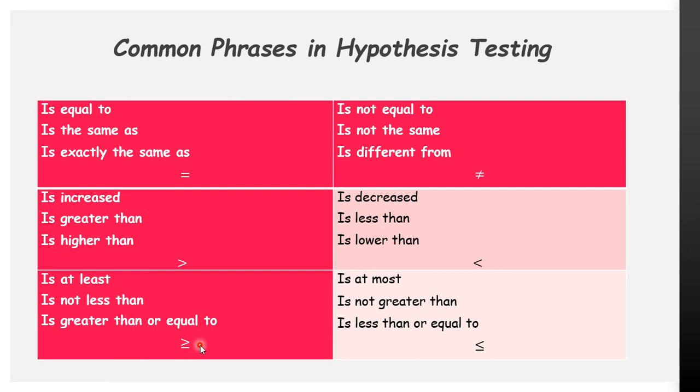For greater than or equal, we have at least, not less than, greater than or equal to. And for less than or equal to, we have at most, not greater than, and less than or equal to. Again, those are just common phrases, so don't limit yourself to the phrases you see on screen. It's better if you can search for other phrases that we can use for those signs.